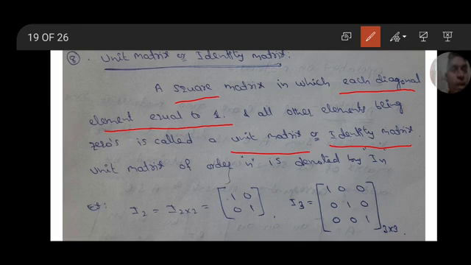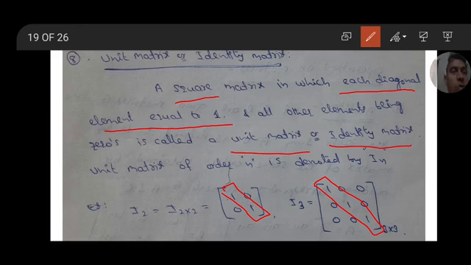In a square matrix, each diagonal element is equal to 1 and all other elements are zeros, then this matrix is called a unit matrix or identity matrix.